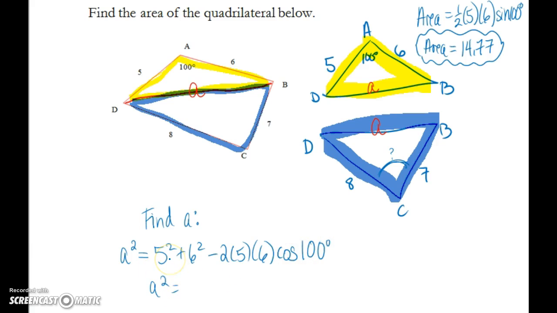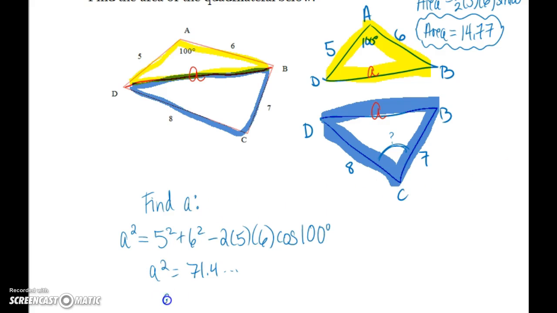If we put that all in our calculator, we get a squared is equal to 71.4 something, and if we take the square root of that, a is approximately 8.45. So let's transfer that measure into our main picture: 8.45 in the yellow triangle is 8.45 in the blue triangle.